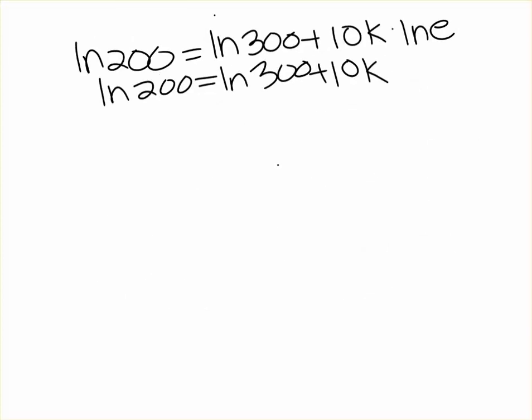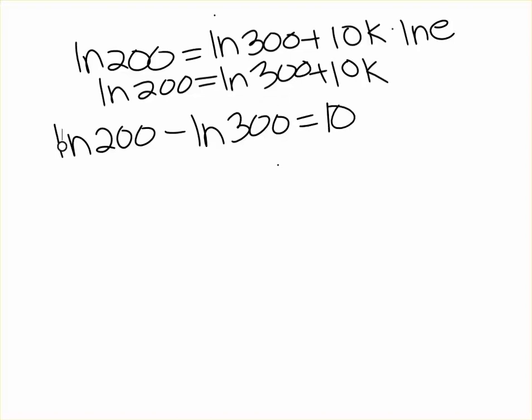So let's figure out how we would solve for k. We're going to start by just subtracting the natural log of 300 from both sides. So the natural log of 200 minus the natural log of 300 equals 10k. Let's check out our log rules again to see how we can simplify that down.